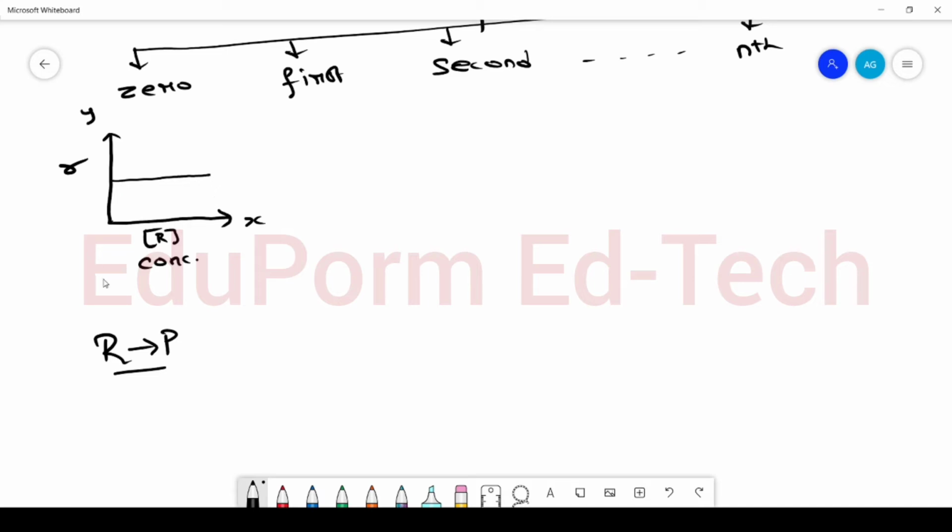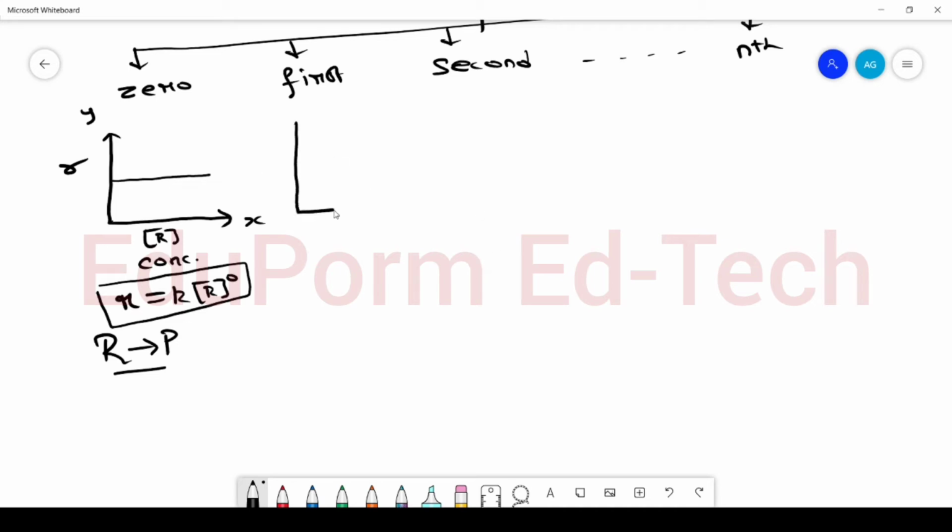That means the rate of reaction is independent of the concentration of reactant. So increase in the concentration of reactant will not change the rate of the reaction.